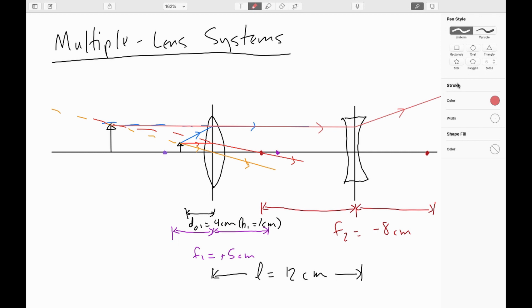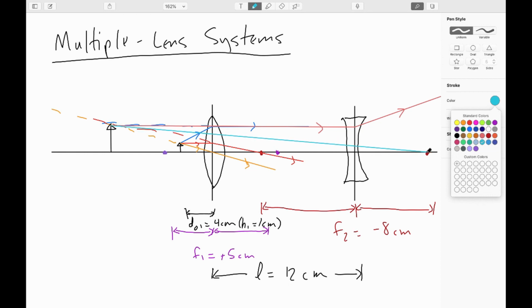All right. And similarly, we can find our new focal ray. So we'll do it in a light blue. This is the ray that's going to be aimed at the focal point. And keep in mind the rules of the focal points are reversed when you have a diverging lens.